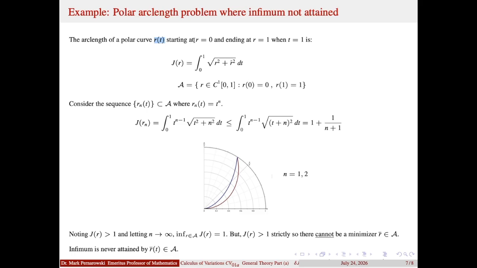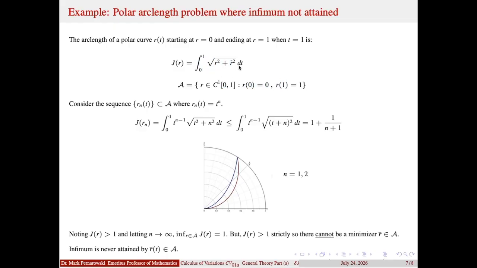I'm going to have a polar curve where the curve starts at the origin and ends at a distance of 1 at the angle t equal to 1 radian. The arc length formula for such curves, these are the curves I'm talking about down here, that's the admissible set: smooth curves that start at the origin and end at 1 at t equal to 1.